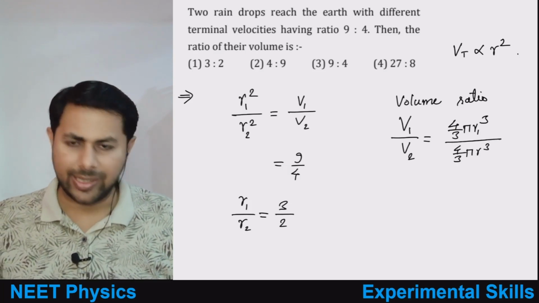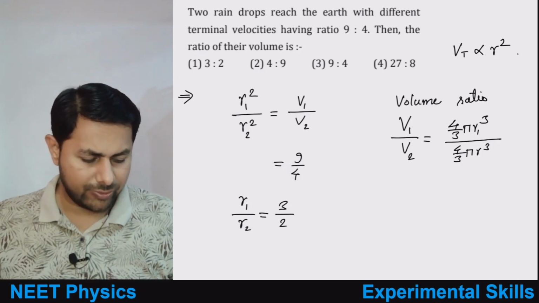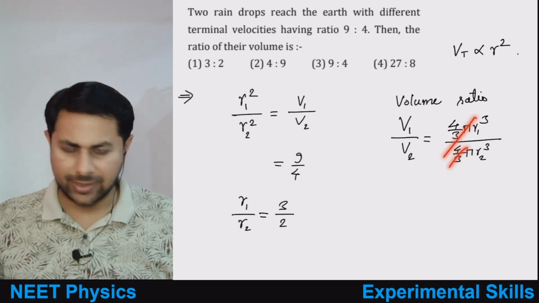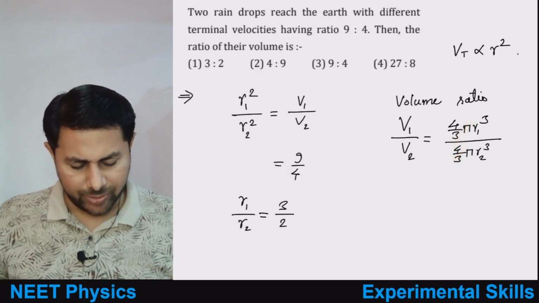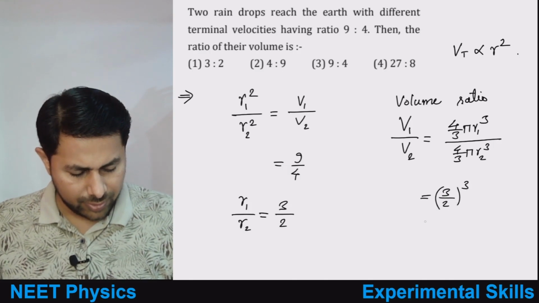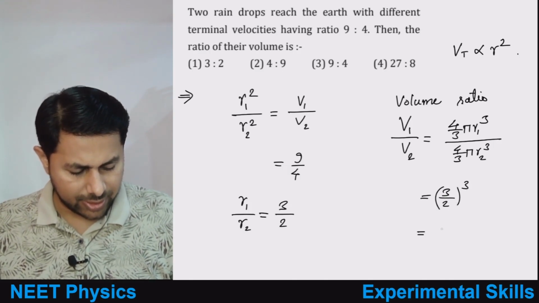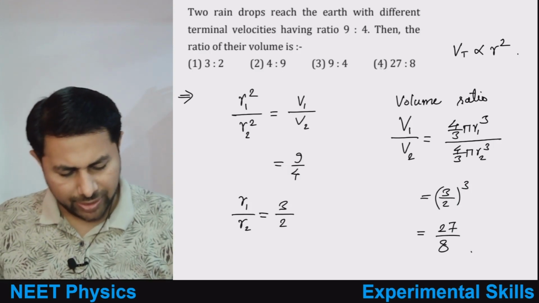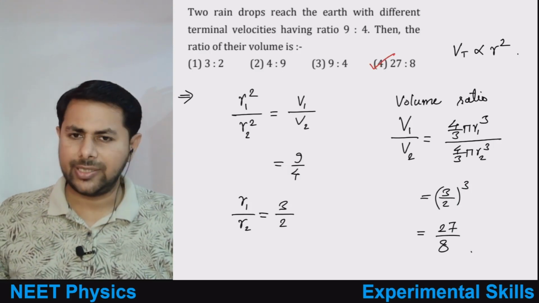So V1 is 4/3 pi r1 cube, V2 is 4/3 pi r2 cube. 4/3 pi gets cancelled, so you have r1 by r2 cube. So that's 3/2 cube, which is 27 divided by 8. Right, 3 cube is 27, 2 cube is 8.